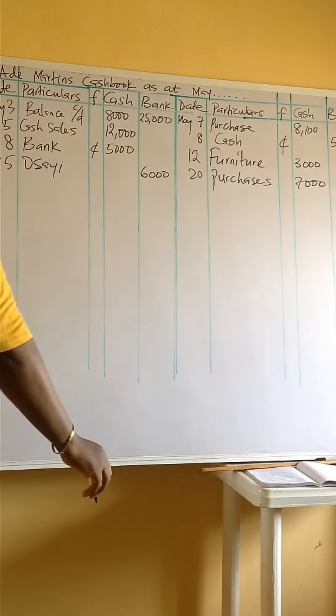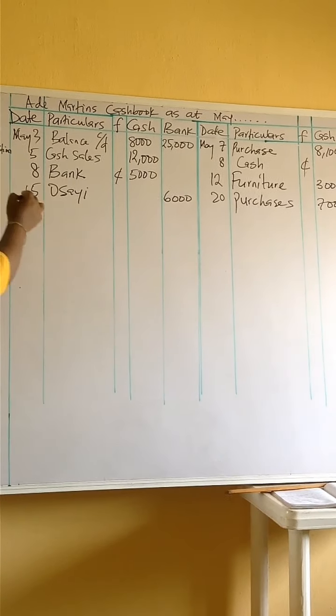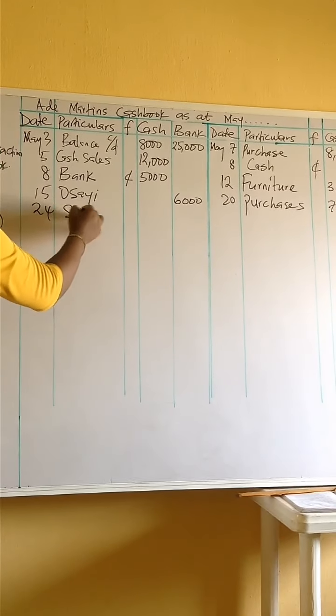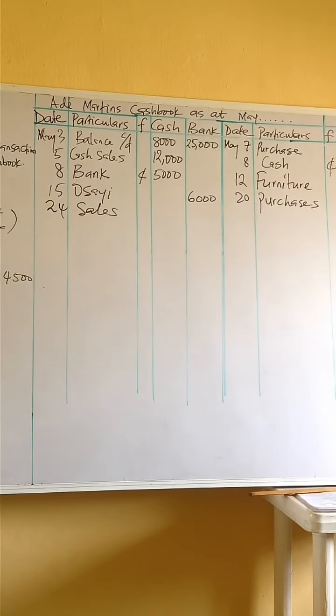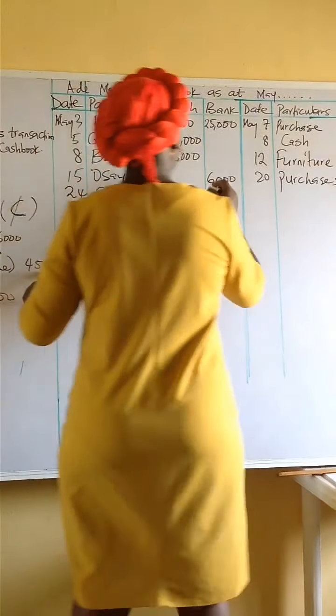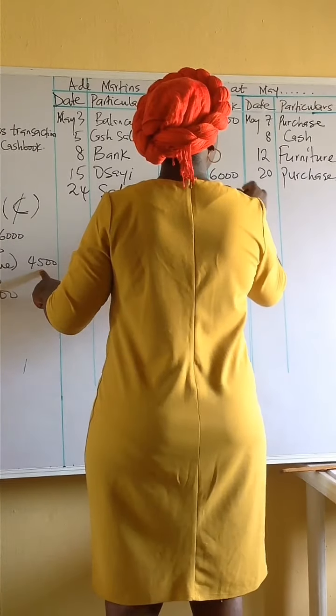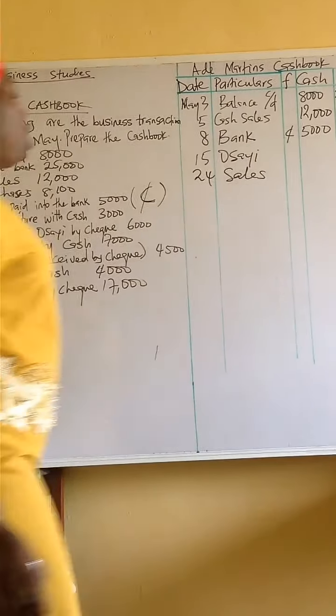On the 24th, sales. If you look at the question, it says money received by check. So you record this amount in the bank column. Paid rent by cash on the 26th.